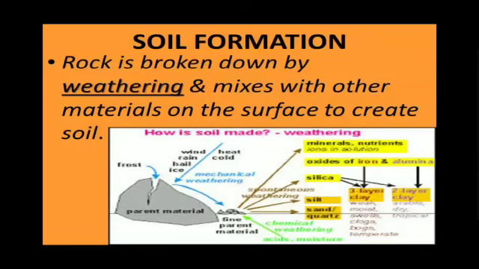Soil is a thin layer of material covering the earth's surface formed from the process of weathering of rocks. Now, what does weathering of rocks mean? Students, weathering of rocks is the process of breaking down of rocks into smaller pieces with the help of natural factors like sunlight, rainfall, and wind.